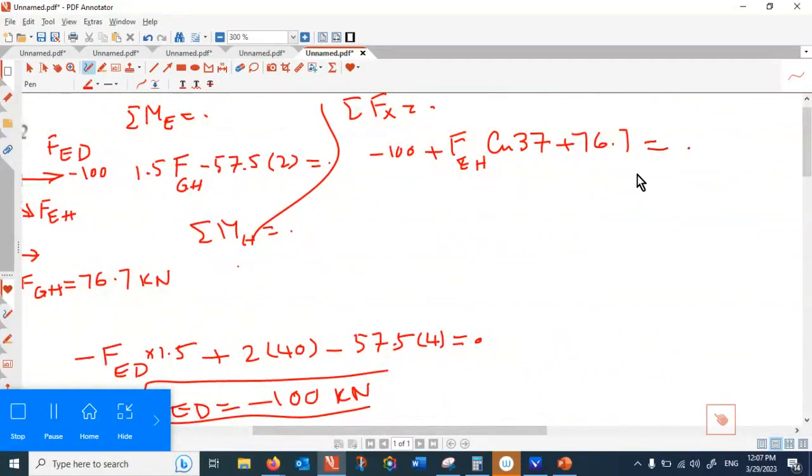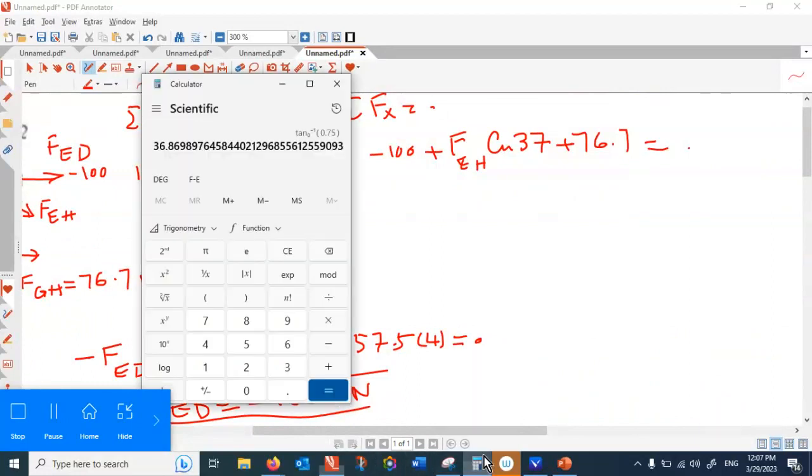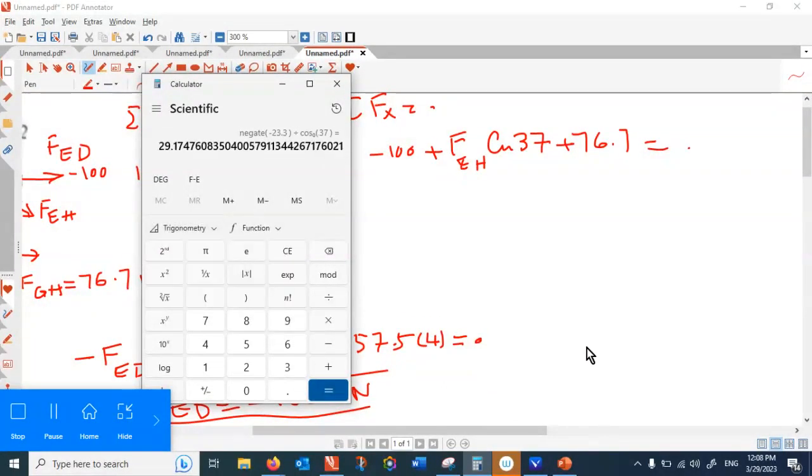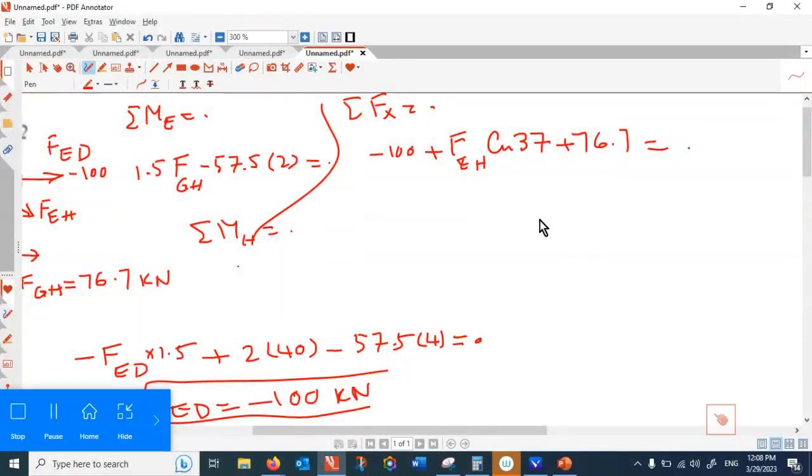These are the only horizontal forces. So 76.7 minus 100, that becomes positive, divided by cos 37. 29.17, is it? And that is positive.